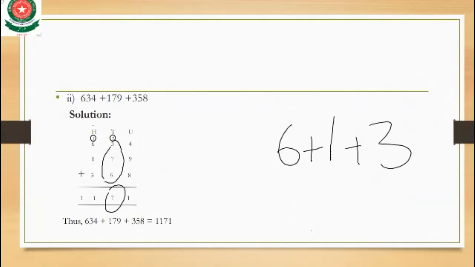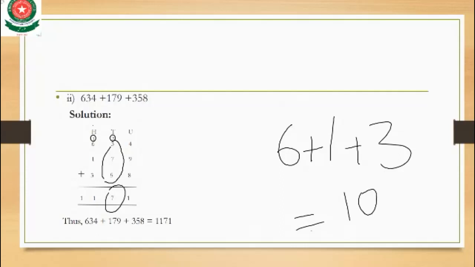Tell me, 6 plus 1 plus 3 is equal to 10. Okay, the answer is 10. There is a carry at the top, 1. So we add 1. The answer is 10 plus 1 is equal to 11.